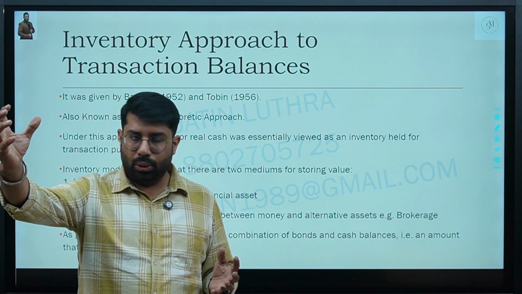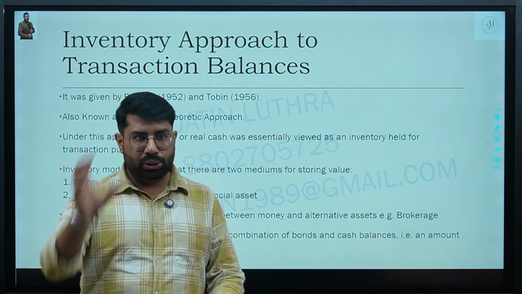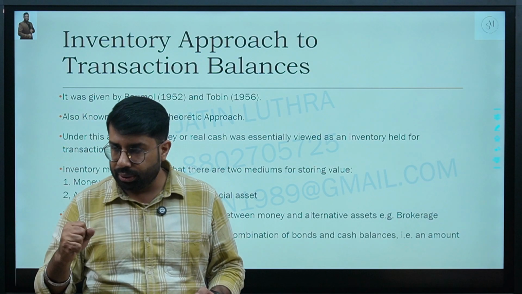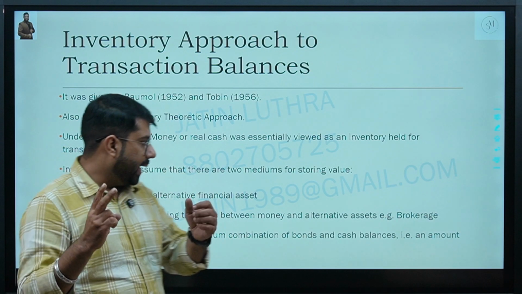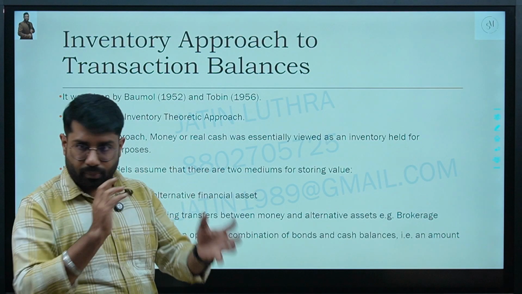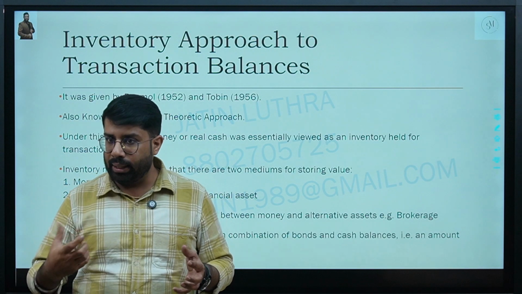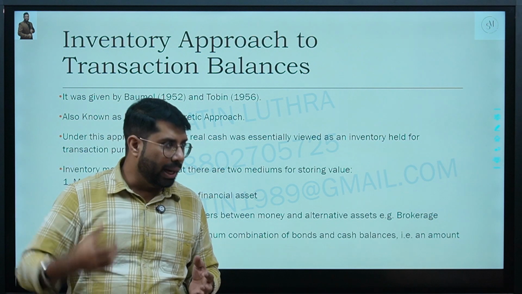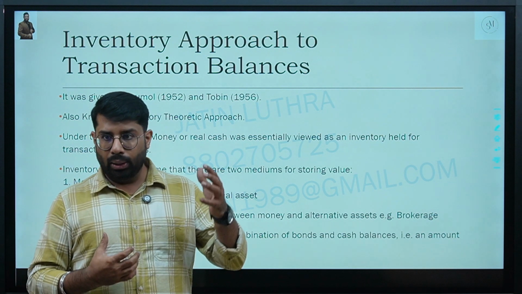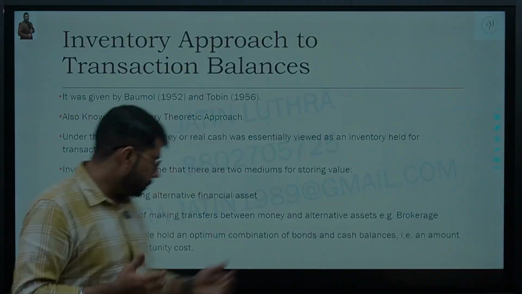Whenever they have money with them, some part they will keep as cash, and the other part they will buy assets. Now on what basis will they decide how much part they should keep in cash and how much part in an asset? That we will understand. Are you clear?